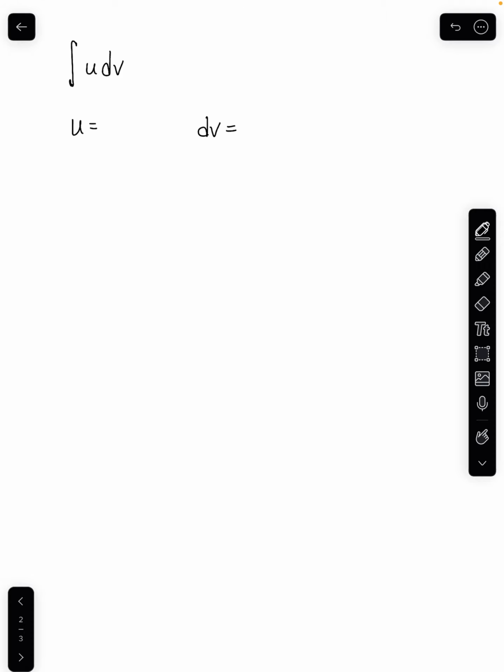Now, at the end result, we're going to want u times v minus the integral of v du. In order to write that, we're going to need u, which we will already have, and we're also going to need v, which we don't yet have, but that can be found very simply by integrating both sides of this dv, whatever it is.